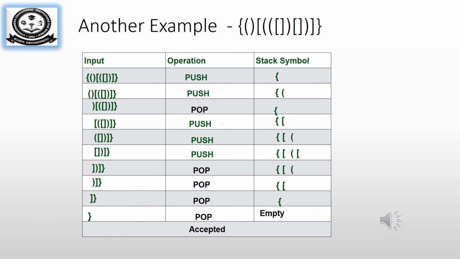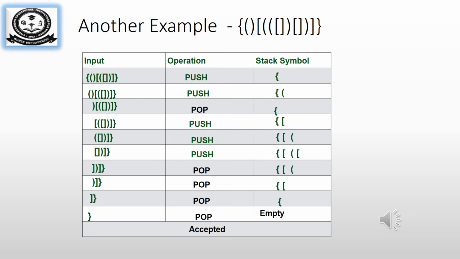A symbol is popped from the stack, which is an opening parenthesis, and that is also nullified. Then the ninth operand is a closing square bracket, so a symbol is popped from the stack, again an open square bracket, which is also nullified.